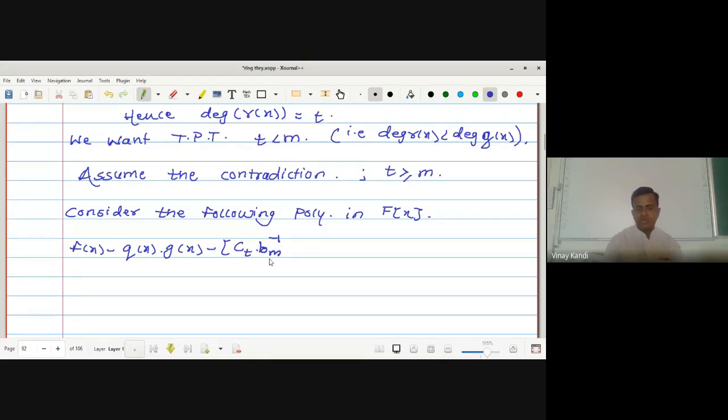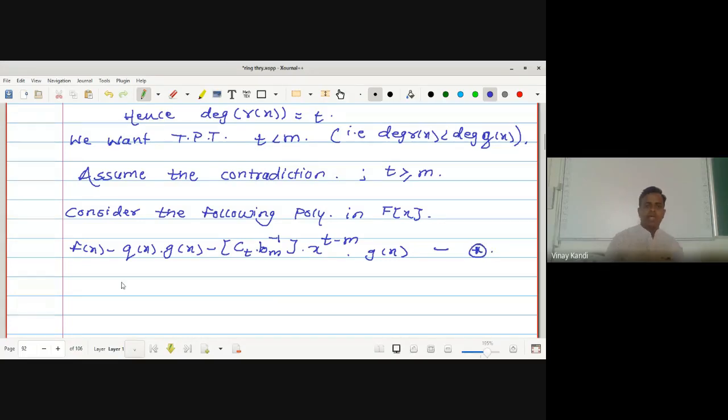Okay, this is the inverse of bm, multiplicative inverse of bm, into x raised to t minus m into g of x. This is the equation number star.